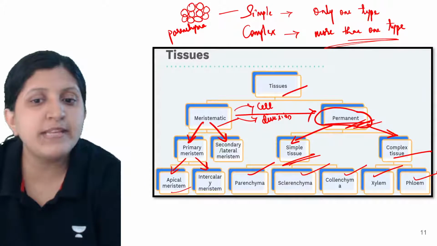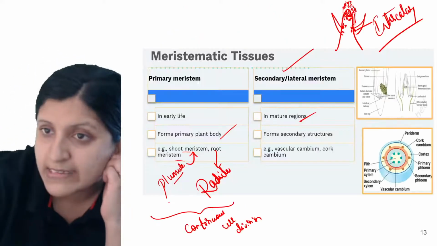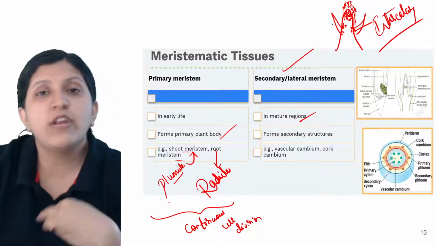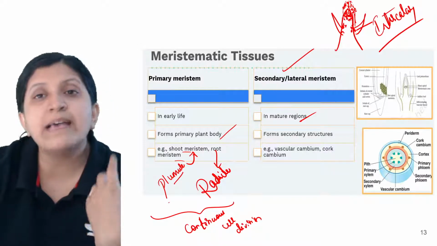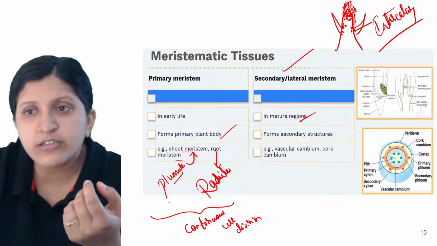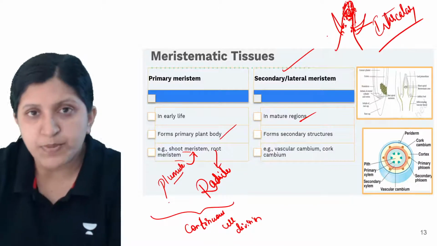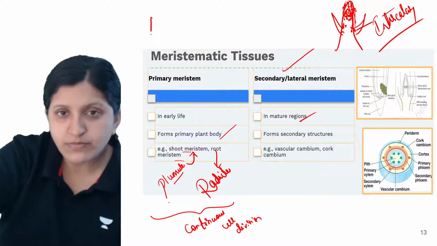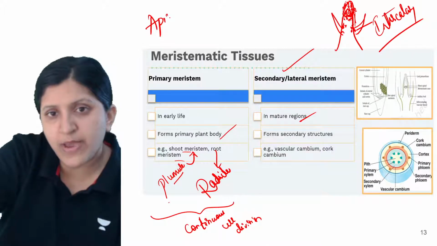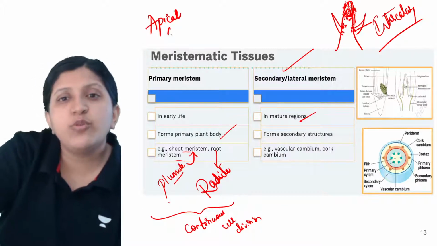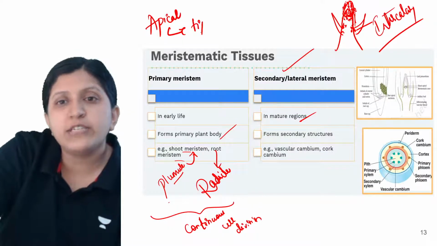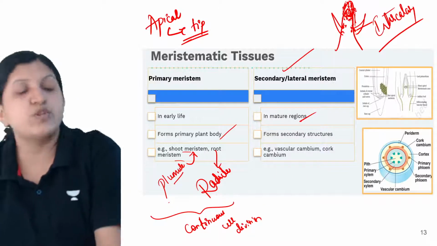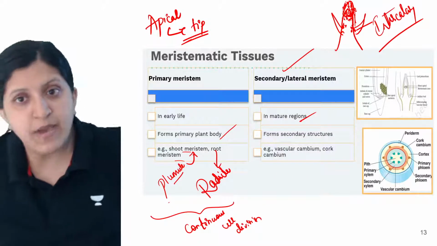The apical meristem is the one that is at the tip. Earlier this was the tip. As cell growth and cell division occurred, now this is the tip. It is usually found at the tip, not just the tip of a plumule or shoot system, but also the tip of a root system.